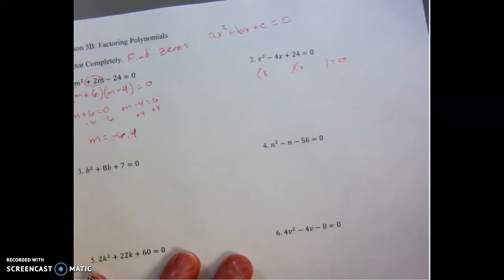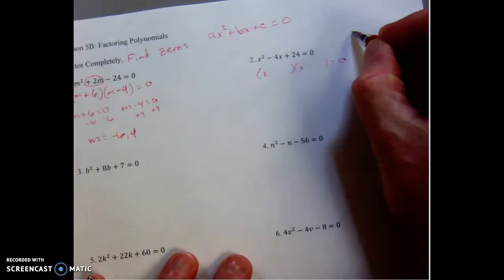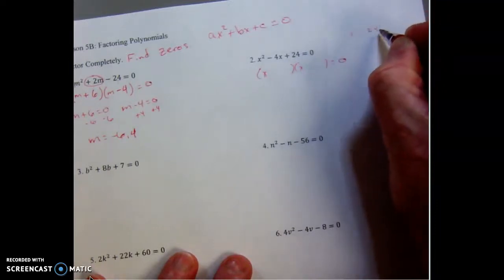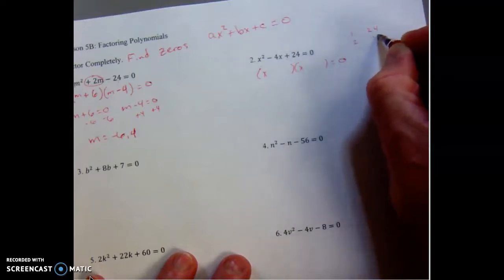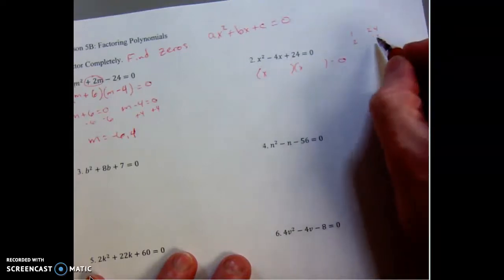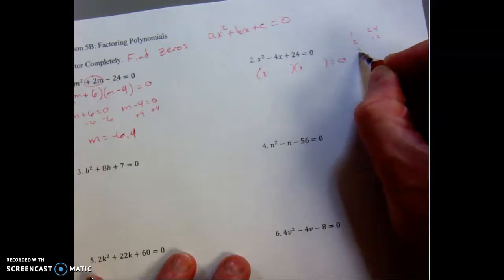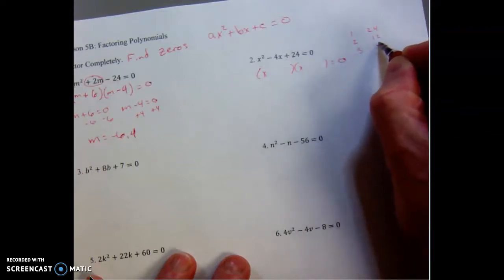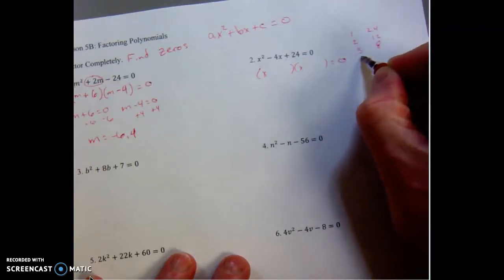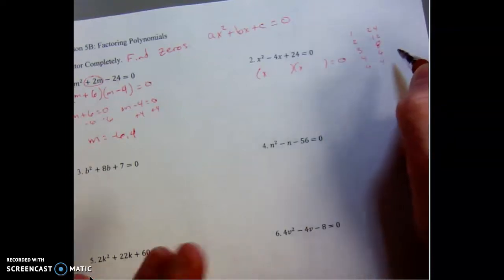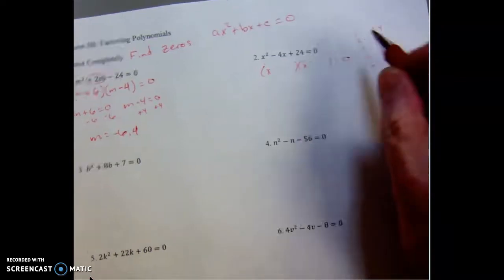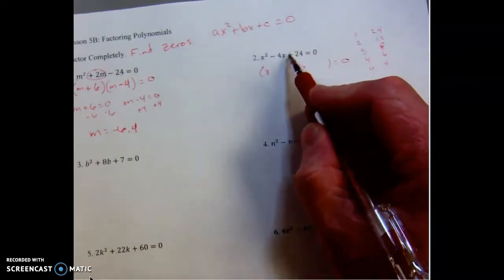There are no factors of 24 that add up to negative 4. So I'm thinking 1 and 24, that adds up to 25. 2 and 12, that adds up to 14. 3 and 8, that adds up to 11. 4 and 6, that's 10. And they just switch order from there. None of the factors of 24 add up to 4.